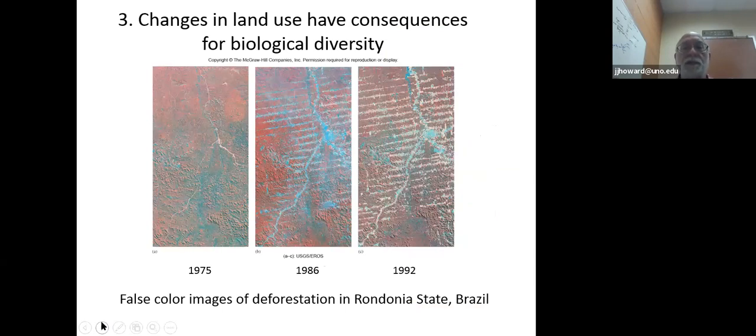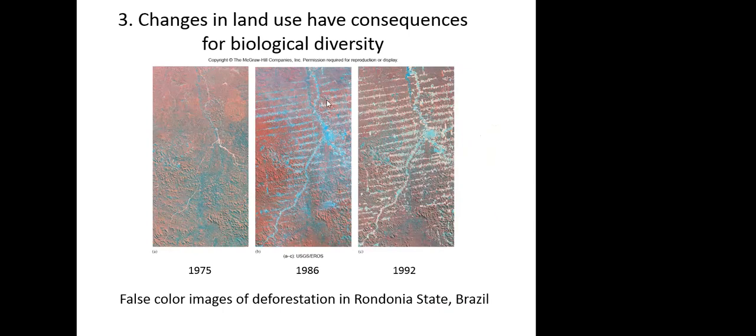And see how those processes are changing. All right, well, here's land use. Okay, so this is a photo of Rondônia State in Brazil from 1975. You see an unbroken expanse of tropical forest. The red is denser vegetation. The blue is less dense vegetation. In 1986, you see that there have been roads established, and there's significant deforestation.